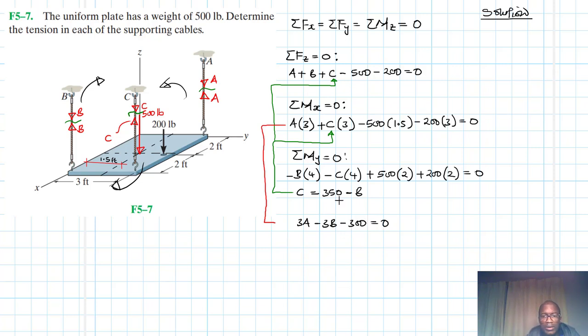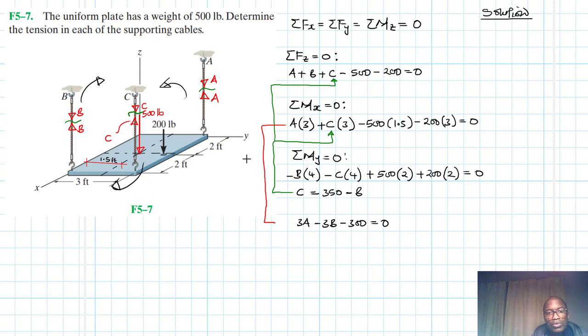The C will multiply, the 3 will multiply by minus B, and that's a minus B, and the other 3 will multiply by 350. So 350 by 3 minus 500 by 1.5 minus 200 by 3. All right, so we have a minus 300.